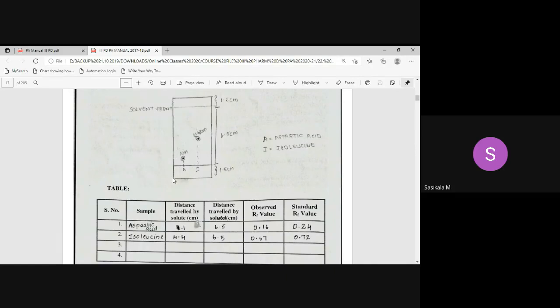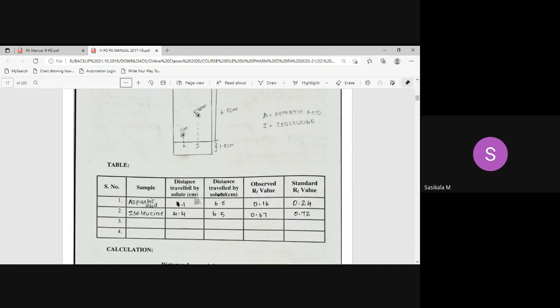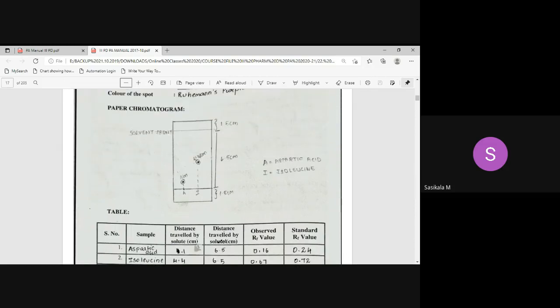Length will be 10 and width will be 5 centimeter. You have to draw, and for two samples you have to keep the markings. Aspartic acid moved only 1 centimeter, distance traveled by aspartic acid is 1 centimeter, whereas isoleucine traveled 4.4 centimeter, and solvent front is 6.5 centimeter.